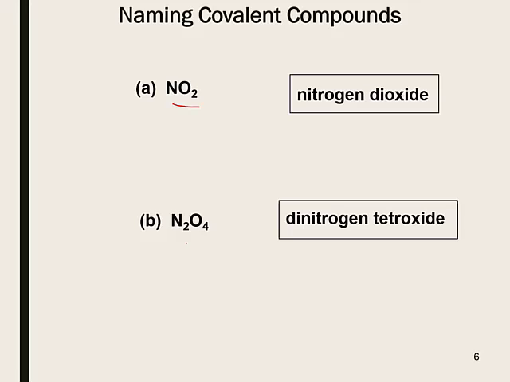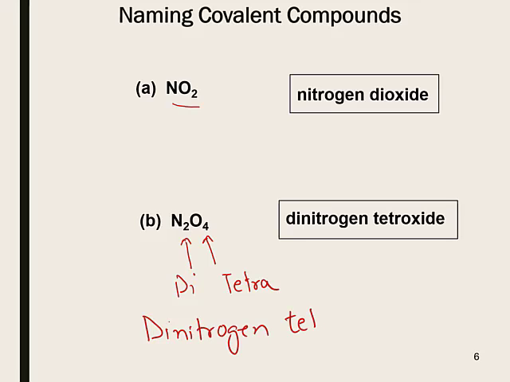In this case, we have two nitrogens and four oxygens. The prefix for two is di and the prefix for four is tetra. So the name will become dinitrogen tetraoxide. There is another rule that whenever two vowels are together, we omit the first vowel. Hence the correct name is dinitrogen tetroxide, not tetraoxide.